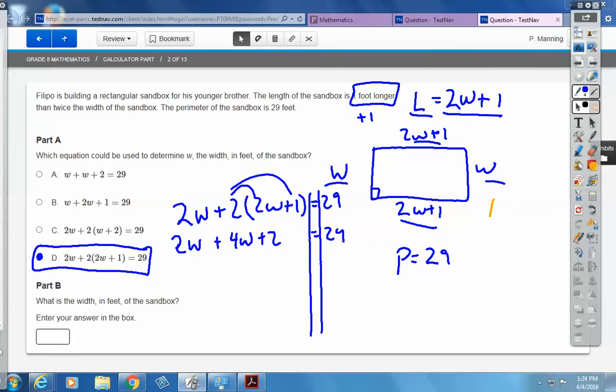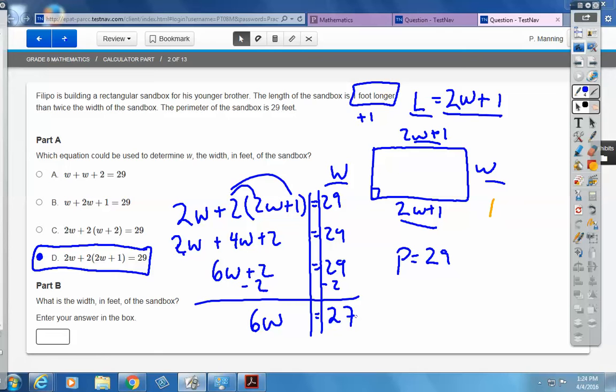Then I have 2w plus 4w, so that's 6w, plus 2 is equal to 29. Minus 2, minus 2, and I get 6w is going to be equal to 27.